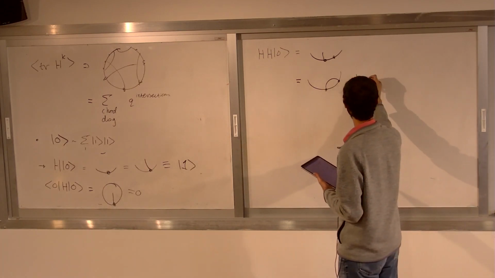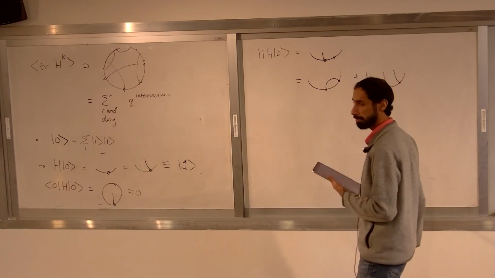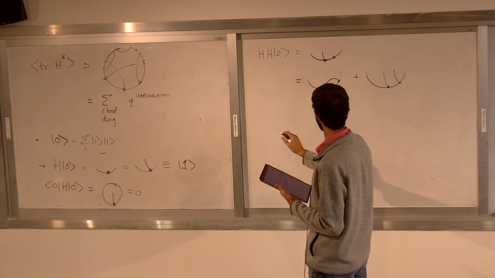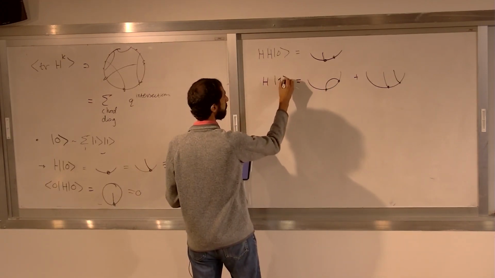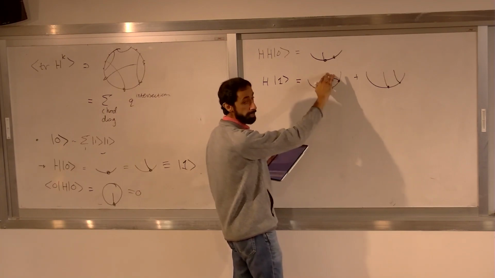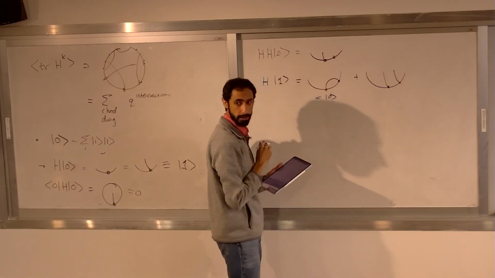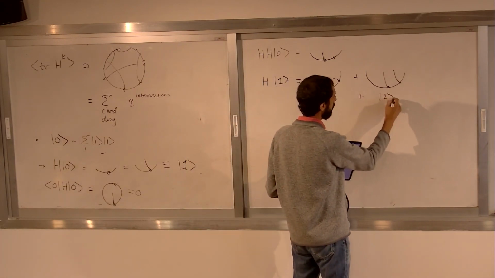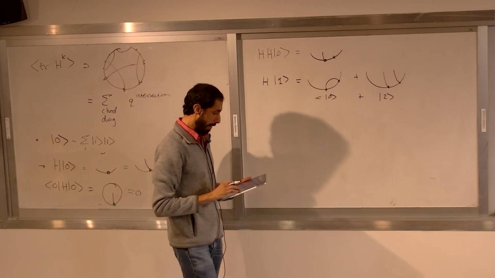Another thing that can happen is that you get two chords. So you went from the state 1, this is h on 1, and you ended up with a state with no dangling chords. So this thing is proportional to the 0 state plus the 2 state.